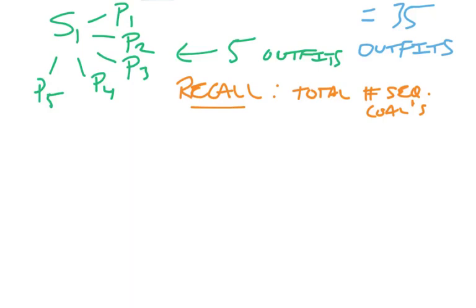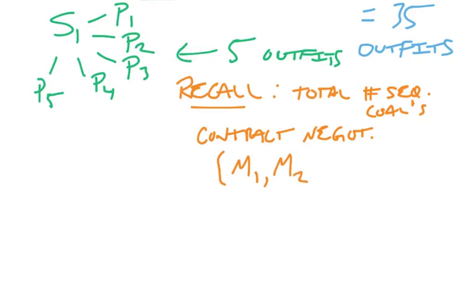And another one was in this contract negotiation problem. In this problem, we were doing things like the following, right? If you go back to your notes, we had setups that looked like this, right? We would have 2 managers chosen from the 3.